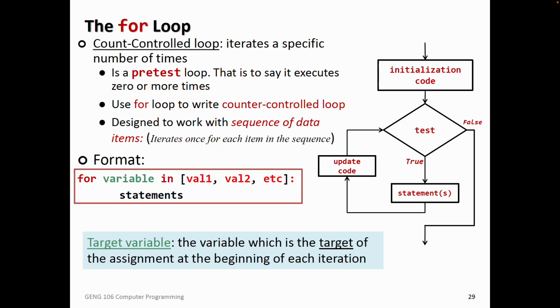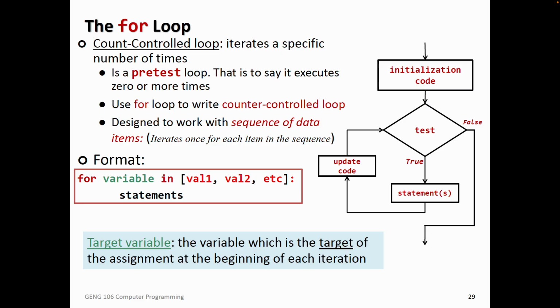For those cases, we use a for loop, and it has this syntax. For is our keyword. This variable written in green can be any name. It is a user-defined variable name, and then in is also a reserved word, a keyword. Then we have these square brackets. Now this is a very important notation.